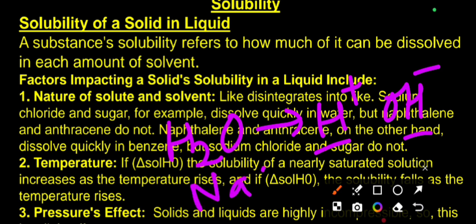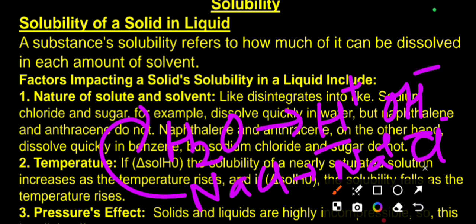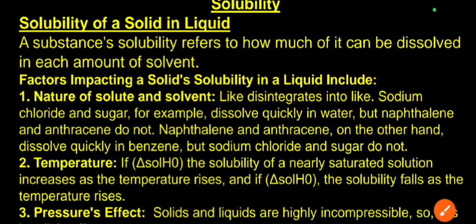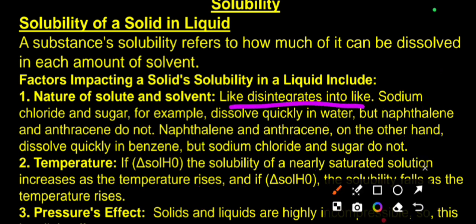If you take NaCl, it is a salt, it is also Na positive and Cl negative, so it also acts as a polar molecule. So polar can dissolve in polar molecule only, and non-polar can dissolve in non-polar. That's why it is written here, like dissolves like. A famous example taken here: sodium chloride and sugar can easily dissolve in water.